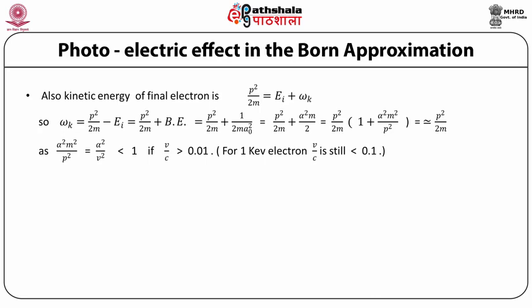For a 1 keV electron, v/c is still less than 0.1.